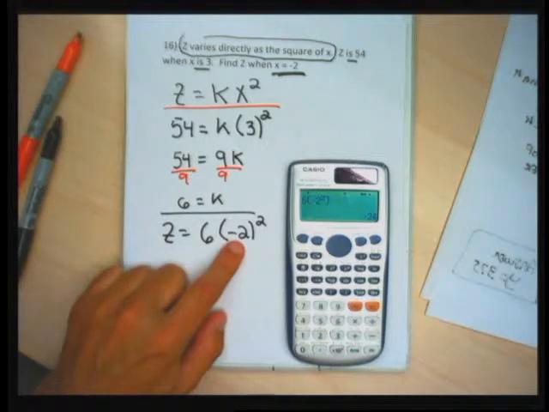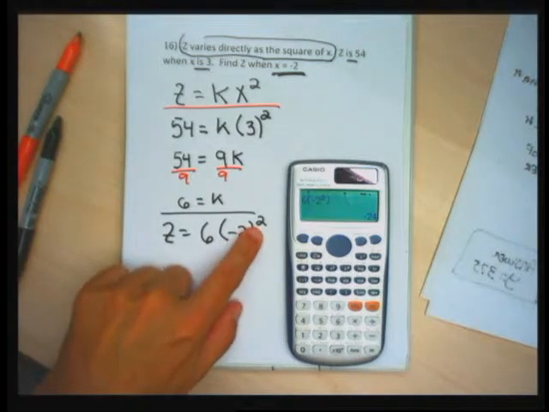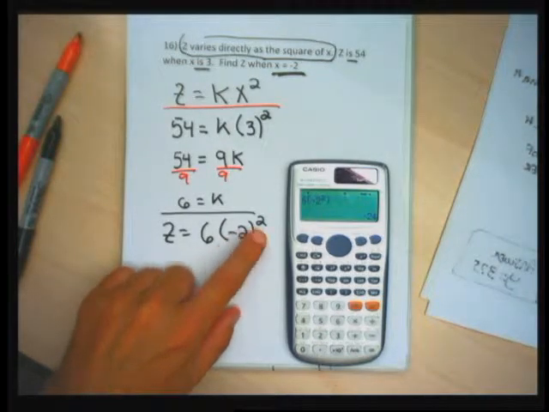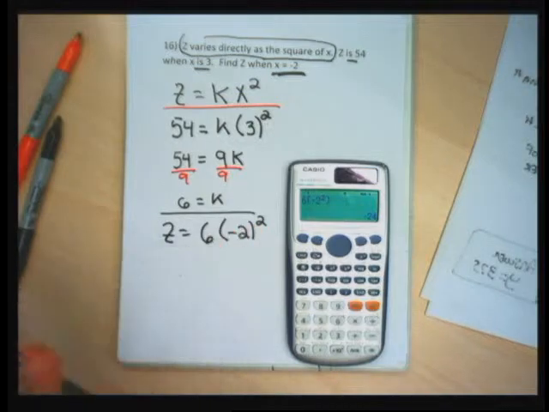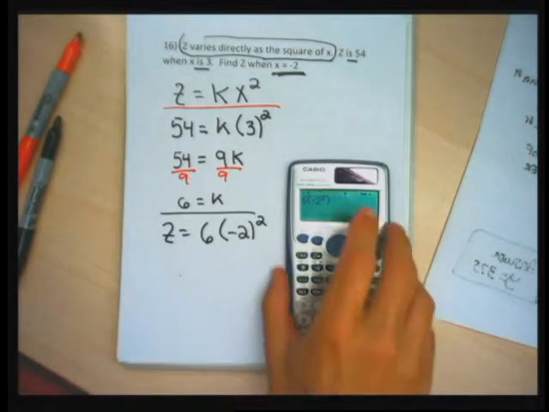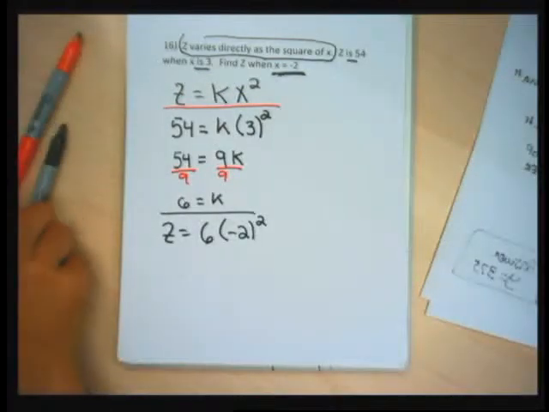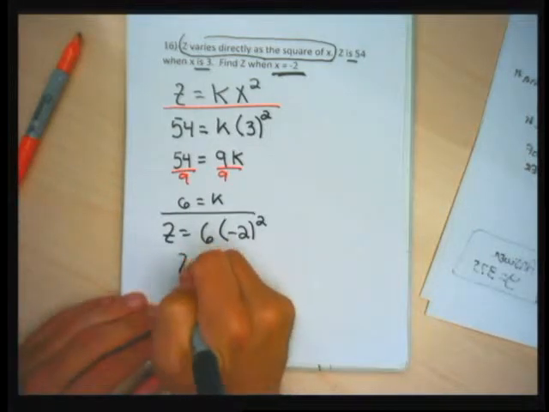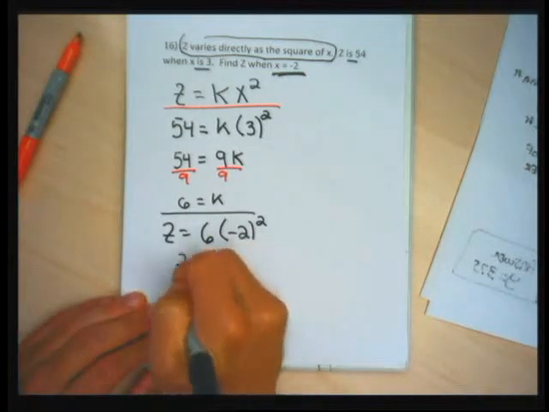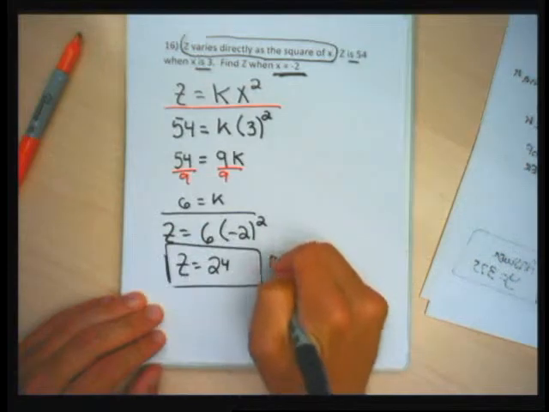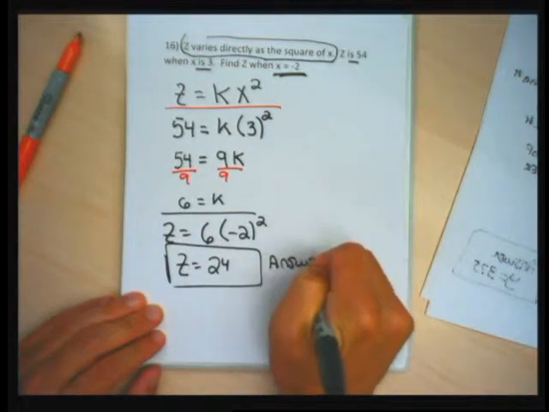So usually, you can be lazy about where you put the exponent when you're squaring something, but if it's a negative number, the squaring has to go outside the parentheses. If you put it inside the parentheses and you do it with your calculator, you'll get the wrong sign on your answer. So the answer to 16 is z equals 24. That's the only thing I'd write in my answer to problem 16.